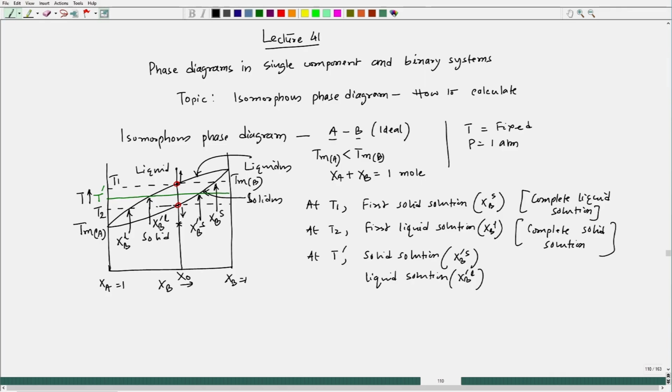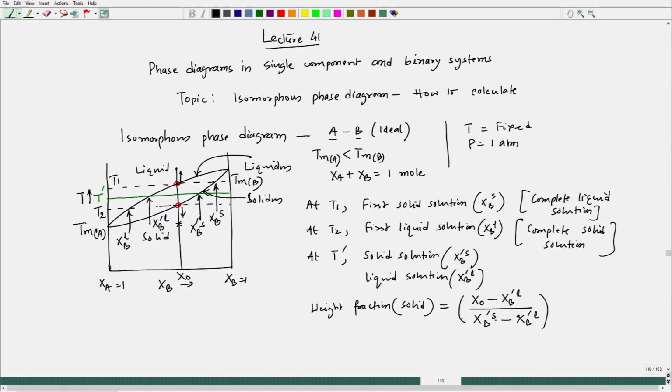Now, here we can also calculate what would be the fraction of phases, okay, and that too weight fraction. So, the weight fraction of solid solution would be given by X0 minus XB prime liquid divided by XB prime solid minus XB prime liquid. Okay.